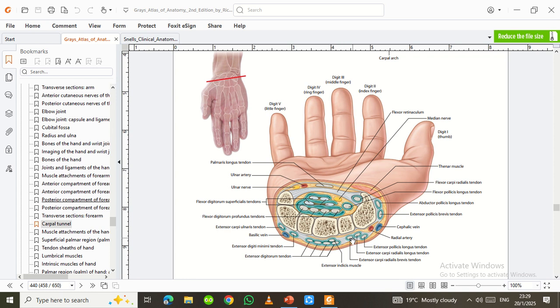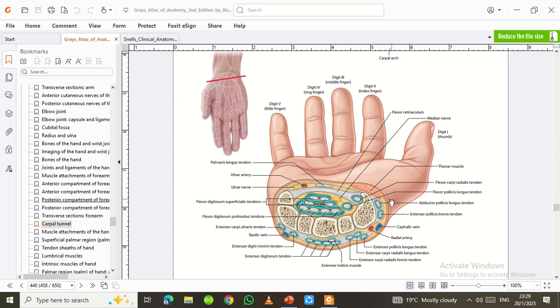And then the extensor carpi radialis longus and brevis are going to be in the same synovial sheath. As for the extensor pollicis longus tendon, it's going to be in its own synovial sheath. And then you're going to have the ones that we said will form the lateral border of the anatomical snuffbox, your abductor pollicis longus and your extensor pollicis brevis. They will be sharing the same synovial sheath.